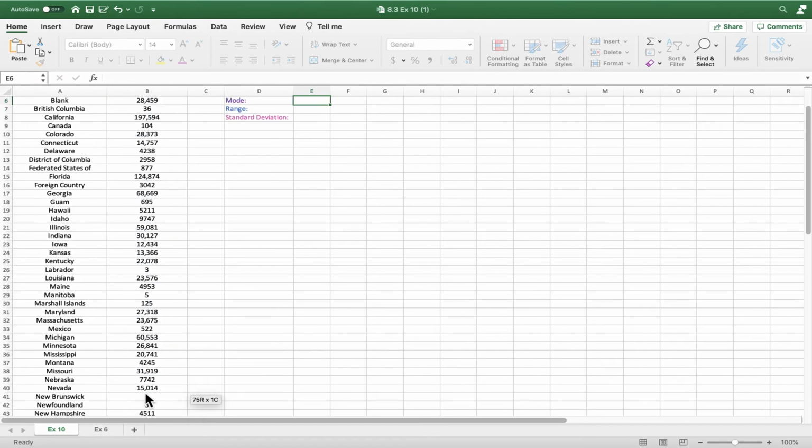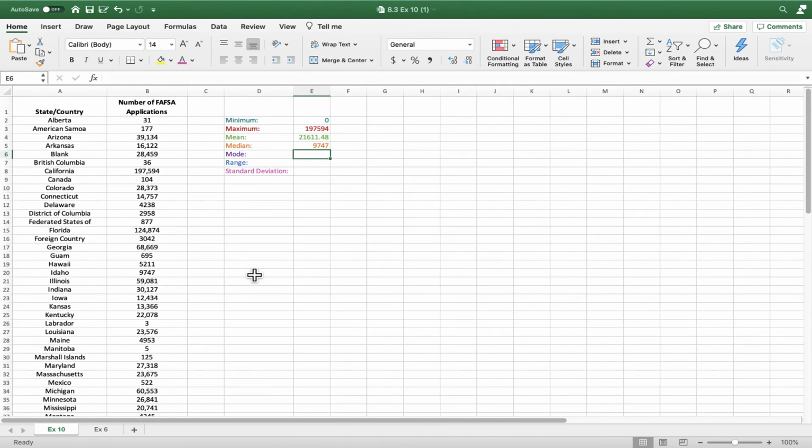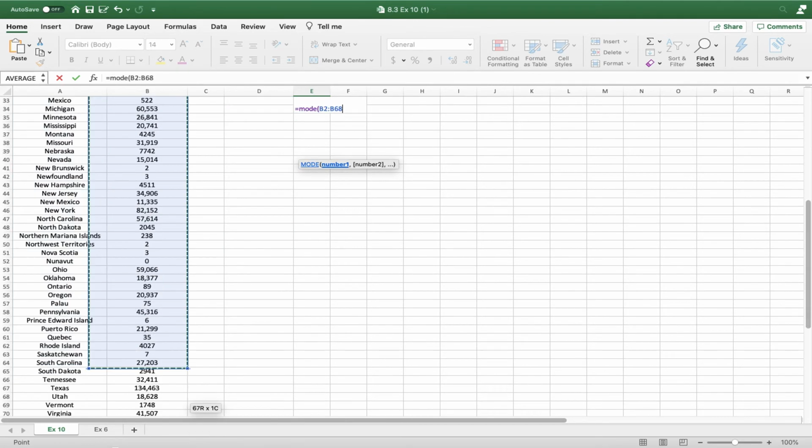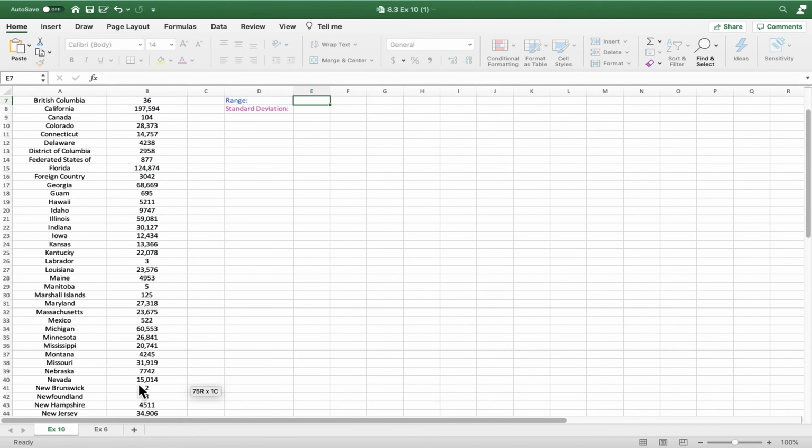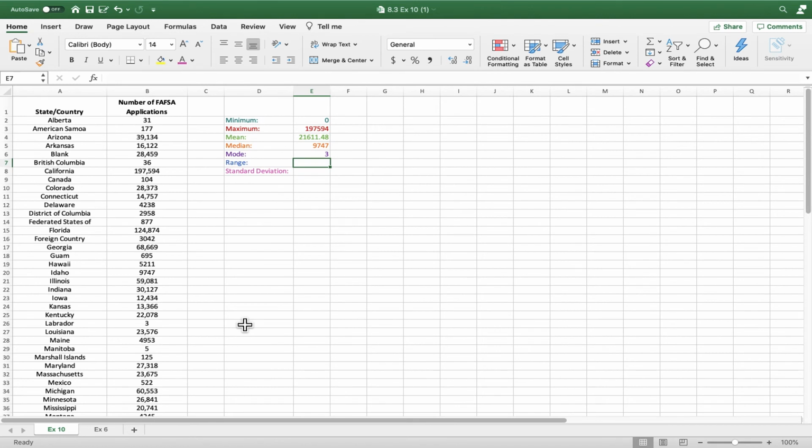For the median, type equals median, open parenthesis, select all the data, close, enter. For the mode, type M-O-D-E, open parenthesis, select all the data, close parenthesis, enter. For the range, we need to subtract the maximum minus the minimum.